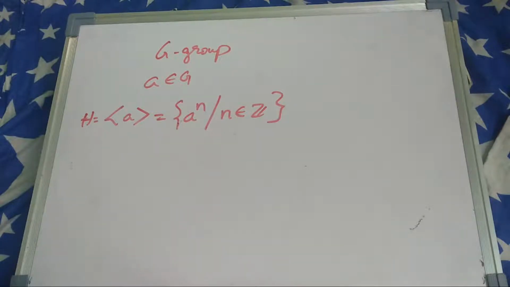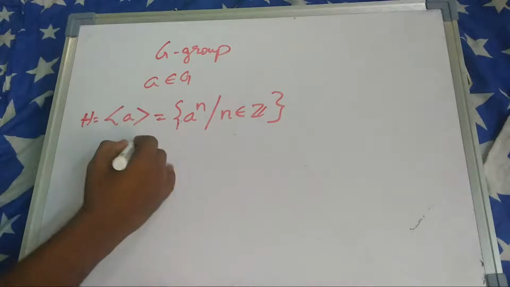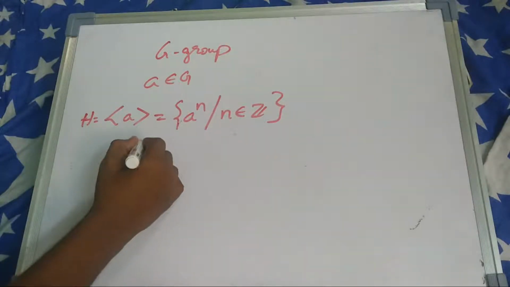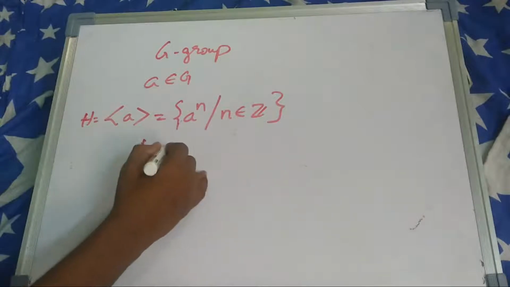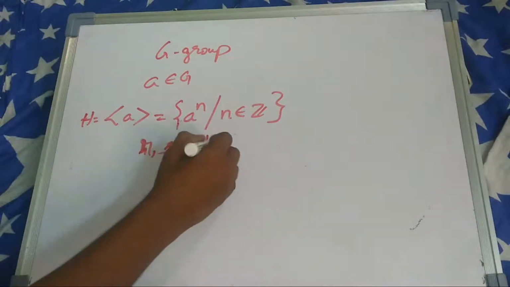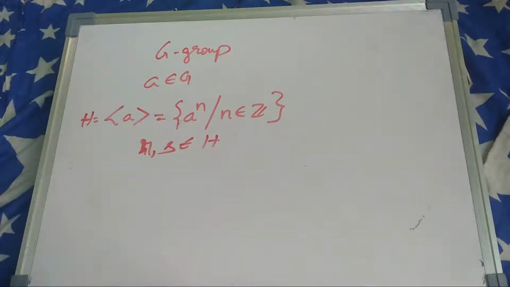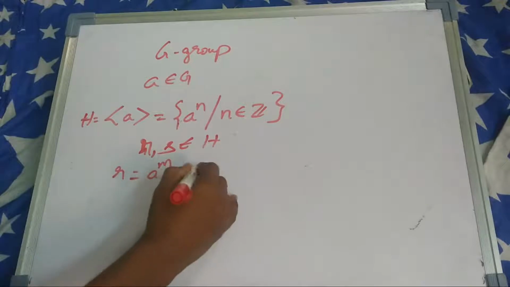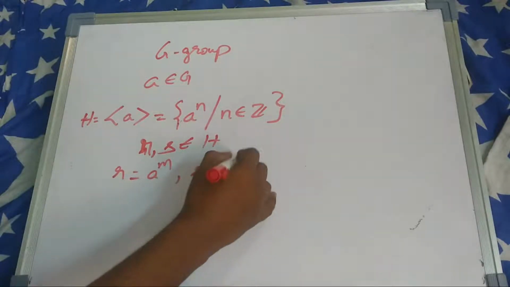That is the closure axiom and the inverse axiom. Okay. So we will take two elements, say r comma s, in H. Fine. So r is going to be of the form some a power m, and s is going to be of the form some a power n.